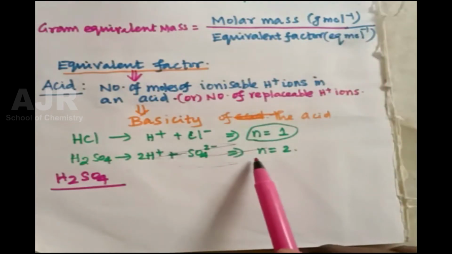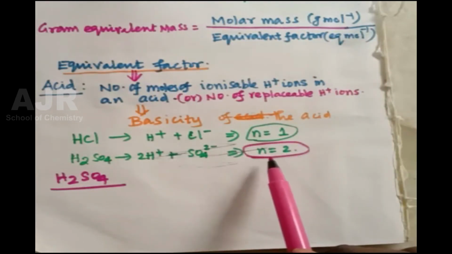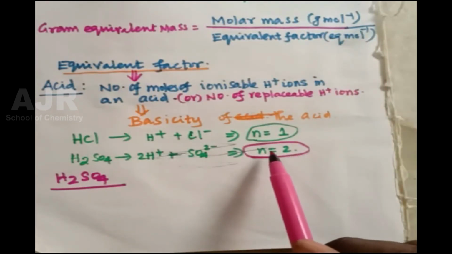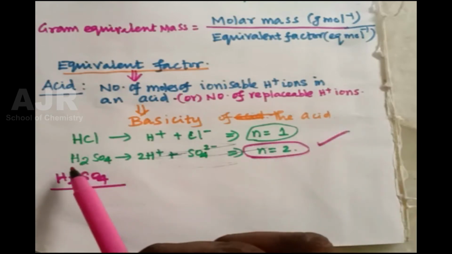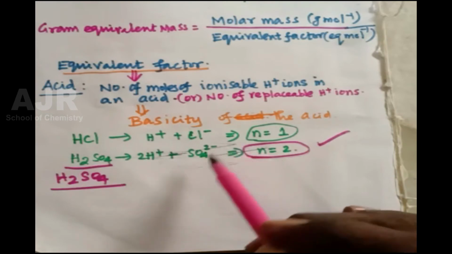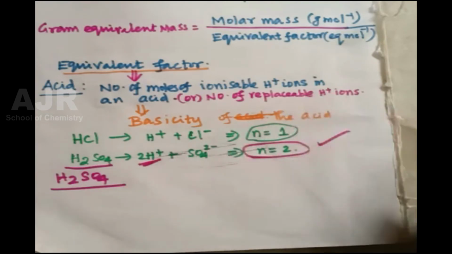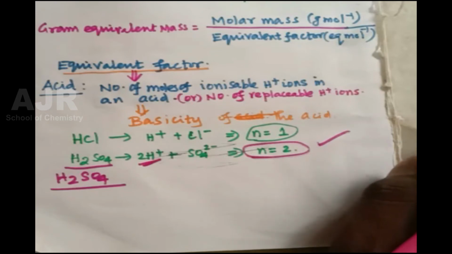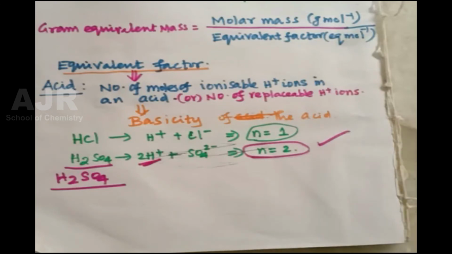Now the equivalent factor we have calculated as 2. Yes or no? Why? There are 2 replaceable H plus ions in sulfuric acid. So the gram equivalent mass can be written by calculating the equivalent factor as well as the molar mass.